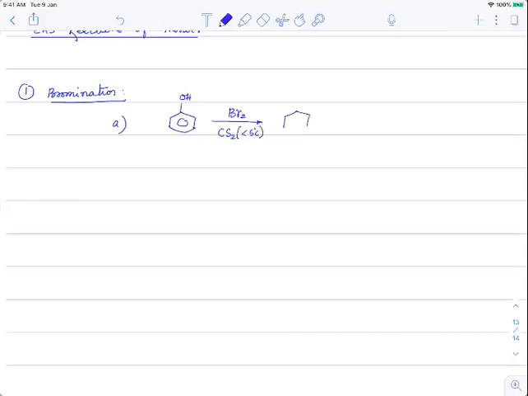Then how does the reaction proceed? We will get phenol with bromine substituted at ortho and bromine substituted at para. These are the major products we will get. And para is always major.